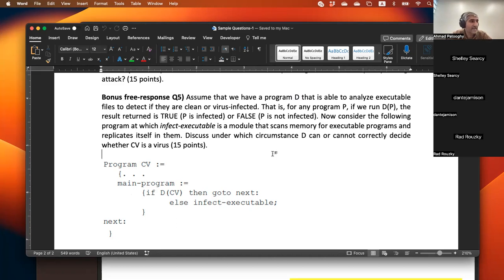So in this case, the program CV, which is the virus, is calling D and is passing itself as a parameter to D. Getting back to our example, I'm the bad person and I see the cop.